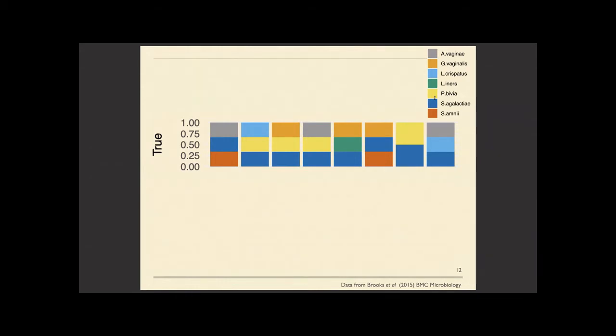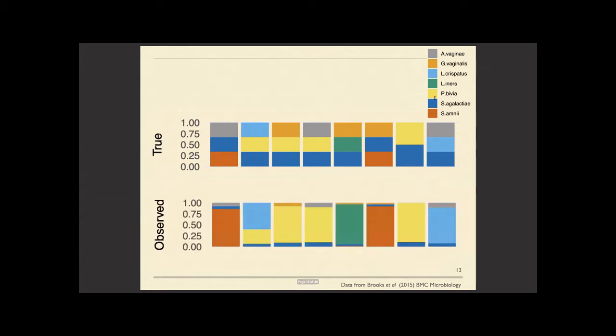And so if we had technology that allowed us to perfectly accurately assess the relative abundances of taxa in the communities, our observed relative abundance profiles would look exactly like these true relative abundance profiles. But what we end up seeing in terms of the relative abundance profiles at the end of sequencing looks like this.